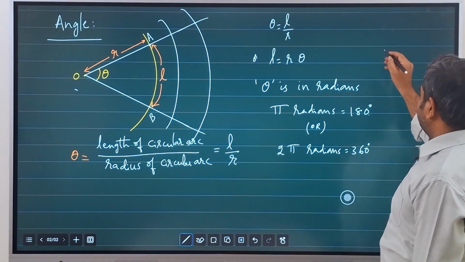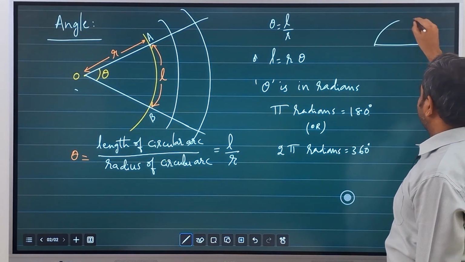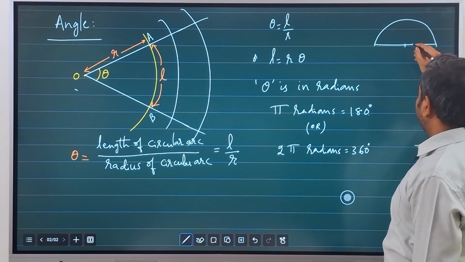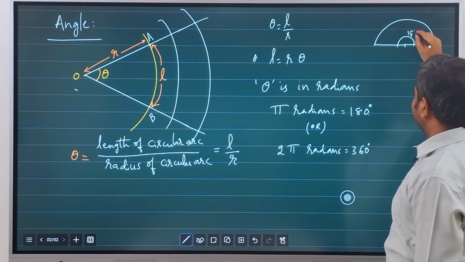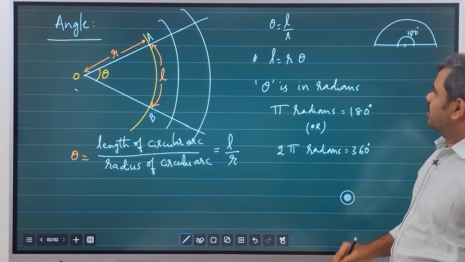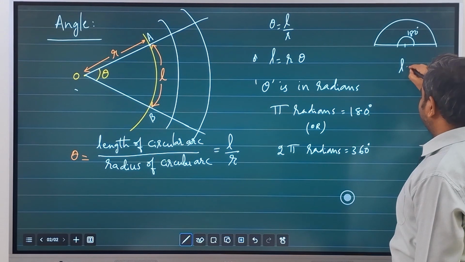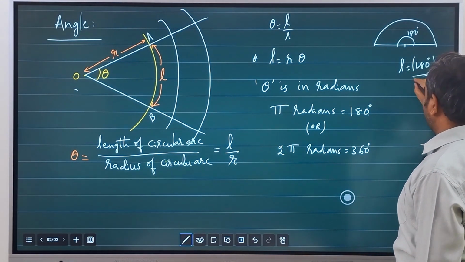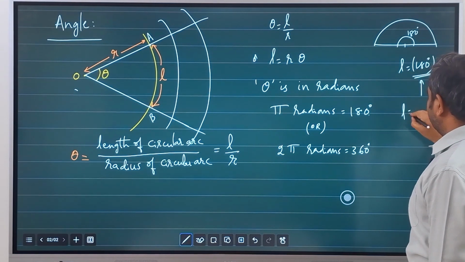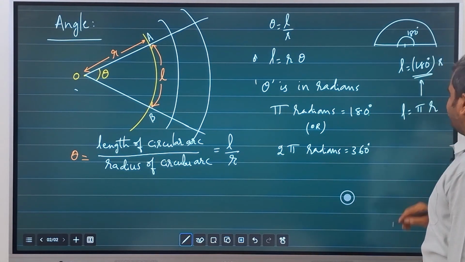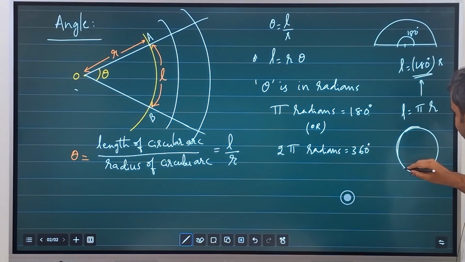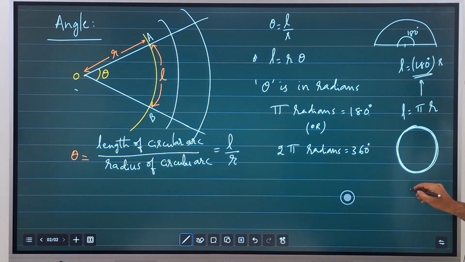If you take a semicircle, it is an arc making an angle of 180 degrees at the center. So the length of the semicircle is 180 degrees into r, but you have to write this in radians. The length of the semicircle is pi r. Similarly, take a full circle. The length of the full circle is 2 pi r.